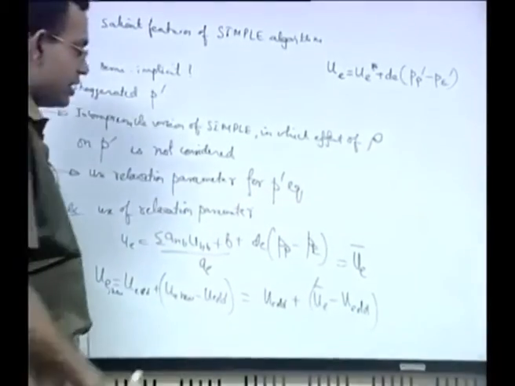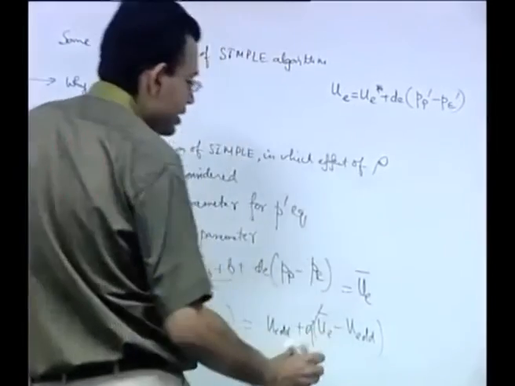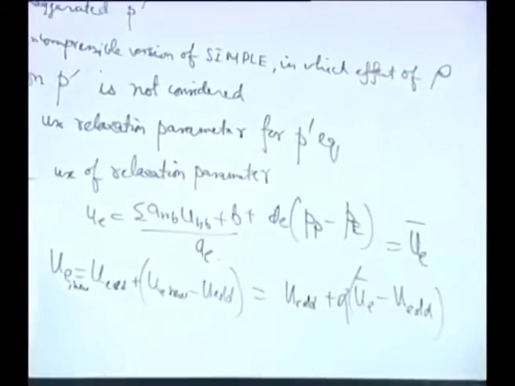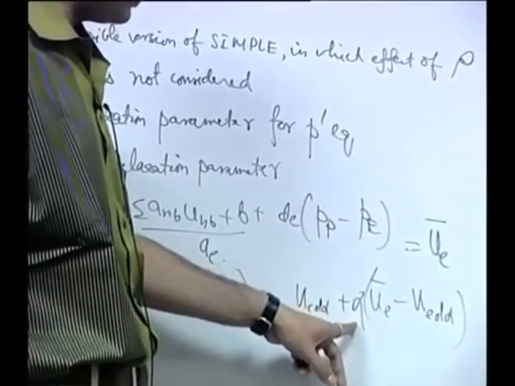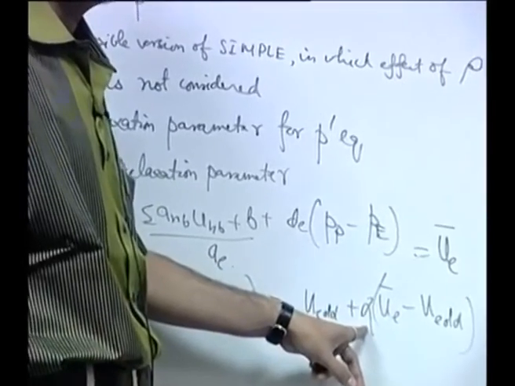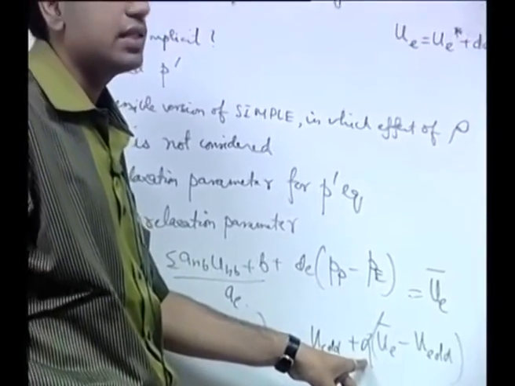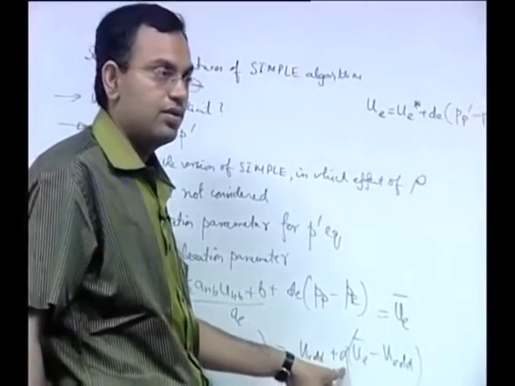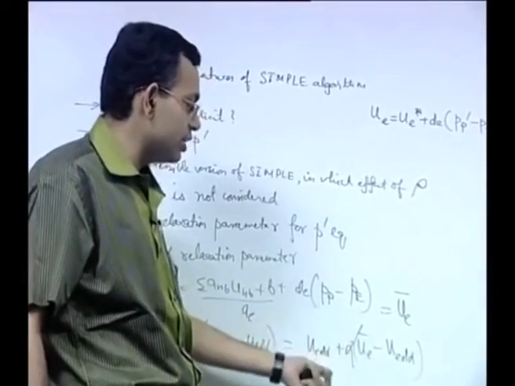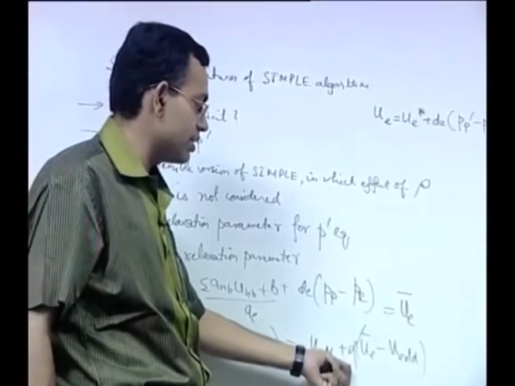Next, we multiply this by a relaxation factor alpha. This type of policy is adopted in the relaxation techniques for solving systems of algebraic equations. The same thing we are doing here, in the context of solution of these discretized equations.